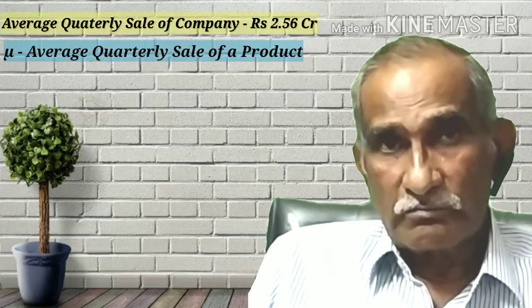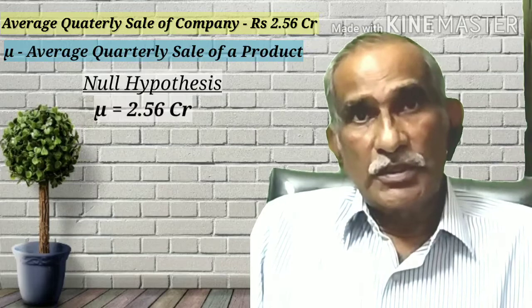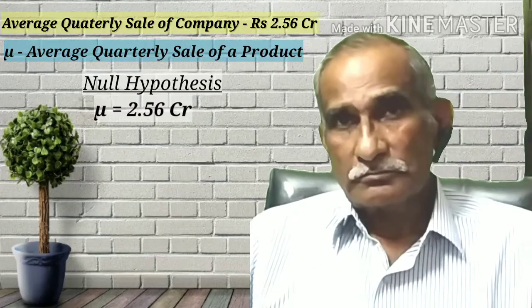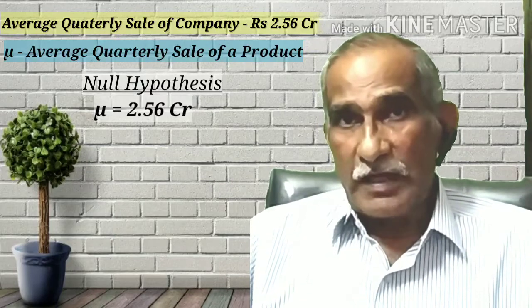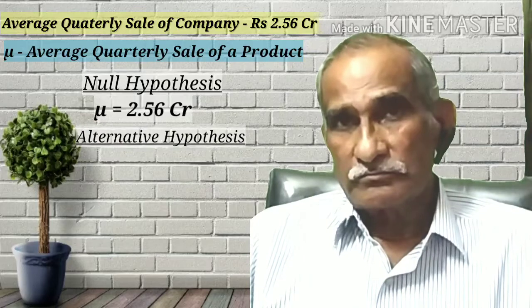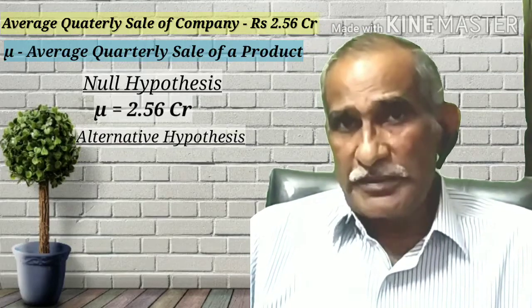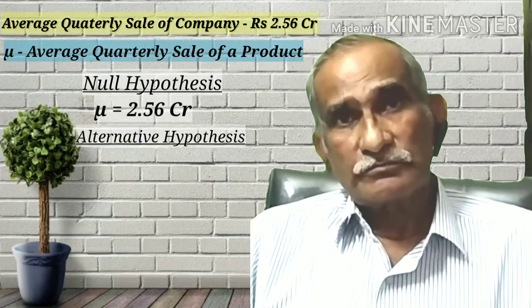So the company would frame its null hypothesis as mu equal to 2.56. Now, what would be the alternative hypothesis in this case? Should it be that mu is not equal to 2.56 crore?